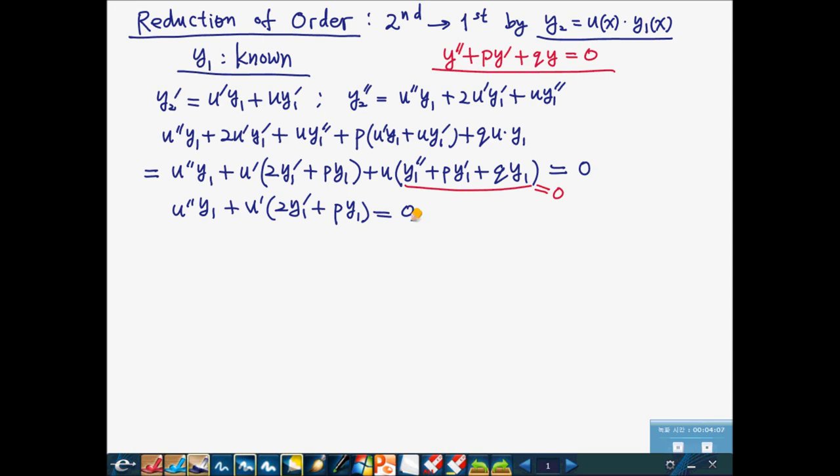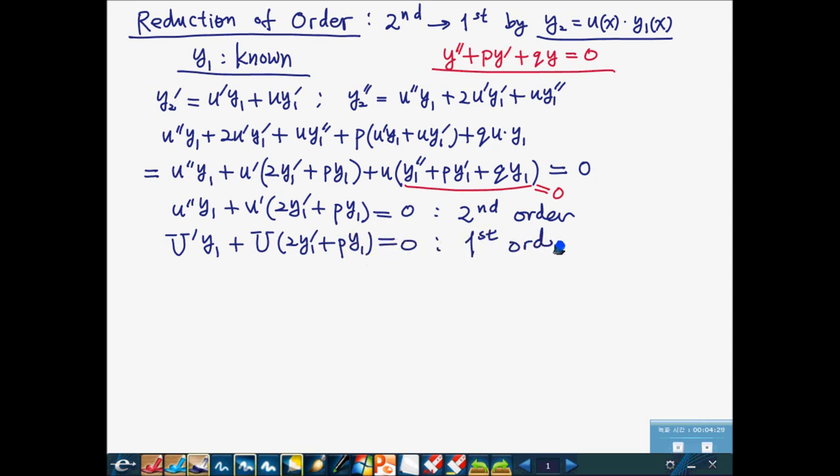Okay? Then definitely, this is second order in u, but you can write it as u prime y1 plus u y1 prime plus p y1 is 0. That's first order, right?